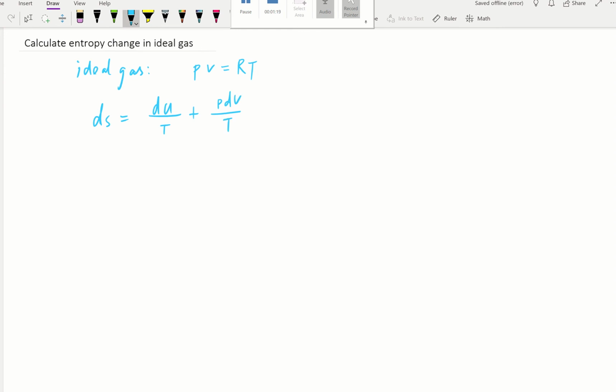Okay. Now let's take a look. What's our u? For ideal gas, we also know that Cv, specific heat at constant volume, is equal to du over dT, and our Cp, specific heat at constant pressure, is equal to dh over dT.